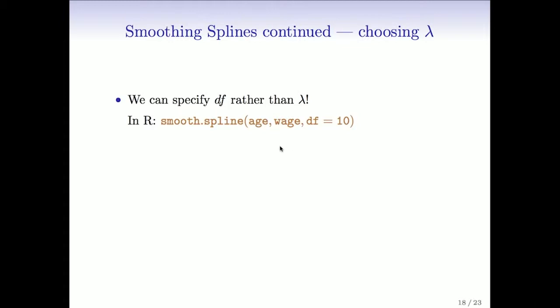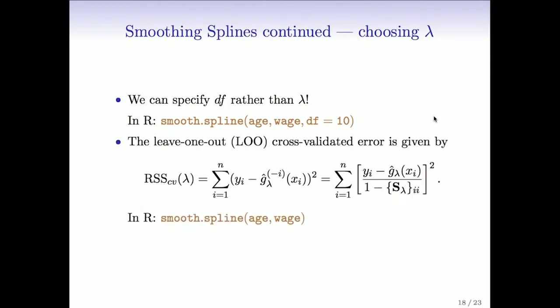You can say, I want a smooth.spline of age and wage, wage is the response, with degrees of freedom equals 10. So, the way to think about it, it's like a polynomial of degree 10, it has about that complexity, but it's smoother. So the degrees of freedom are not all spent on 10 polynomial terms, rather spread out over the whole spectrum of the function, from smooth to rough. Very, very attractive way of fitting nonlinear functions.